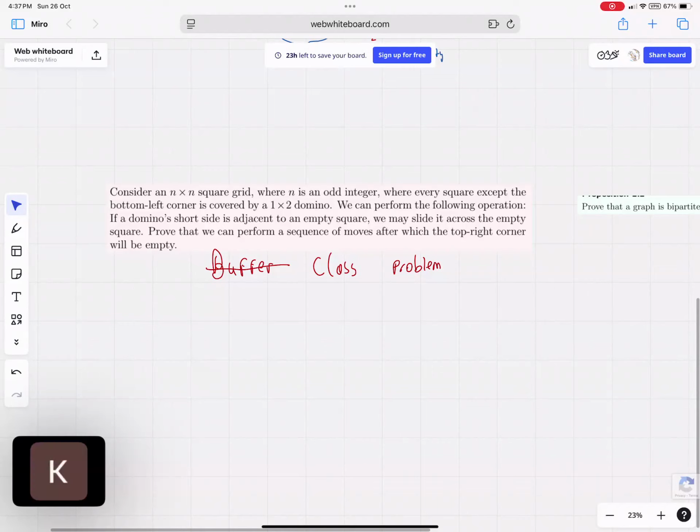We could create a bipartite graph or something. How do you get a bipartite graph? Um, not sure.